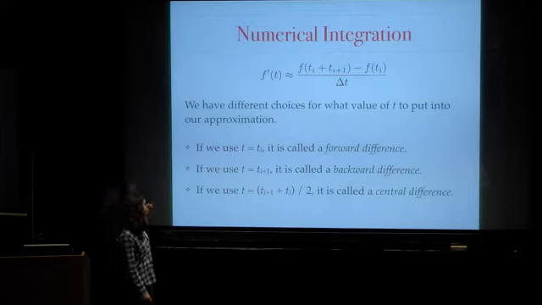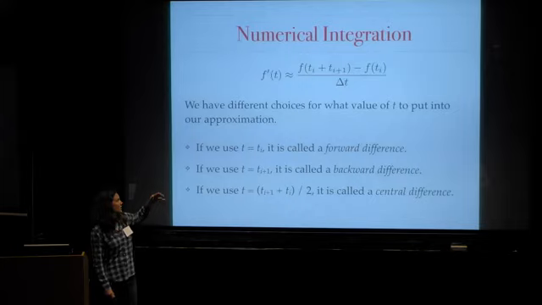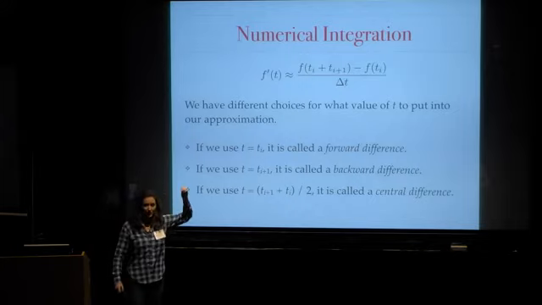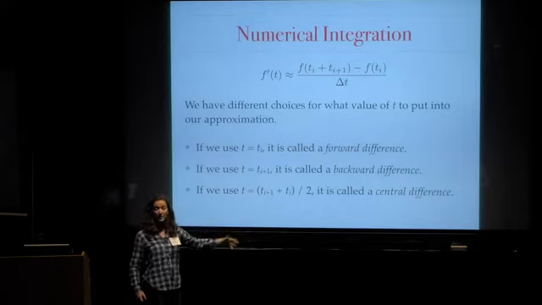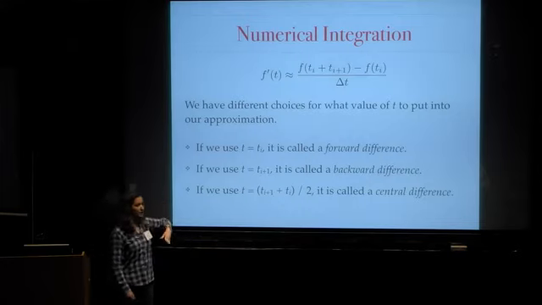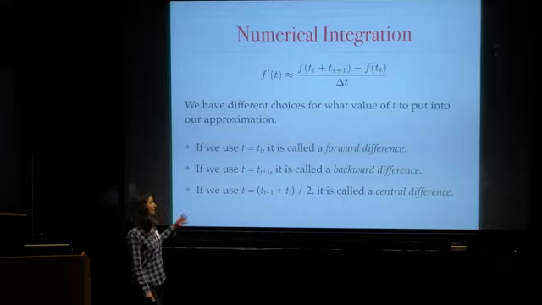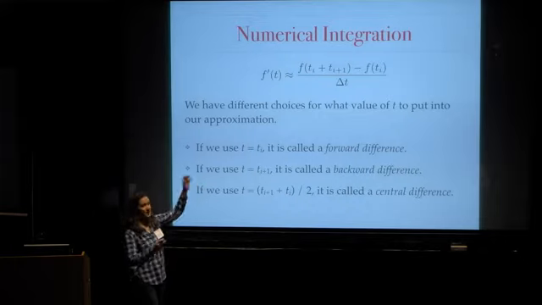So if I pick the value of t at time i for the derivative, then we call this a forward difference. And we call it that because you can explicitly march the solution forward in time in that case. If we use the value of t at t i plus 1, so essentially choose the value of the derivative at the next time, then this is referred to as an implicit method because we can no longer explicitly solve for f of t i plus 1.